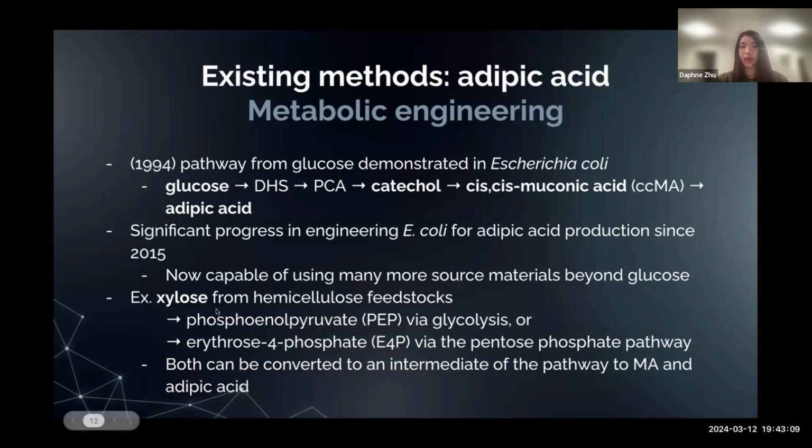For example, we can use xylose from hemicellulose feedstocks taken from plants, and xylose can be converted to PEP through glycolysis, which is a very important part of cellular respiration, and or E4P through the pentose phosphate pathway, which is also part of normal metabolism. Both of these molecules can then be converted to DHS and follow this pathway to adipic acid.